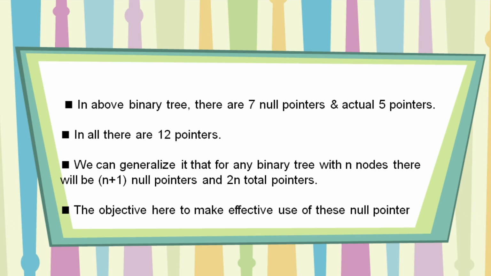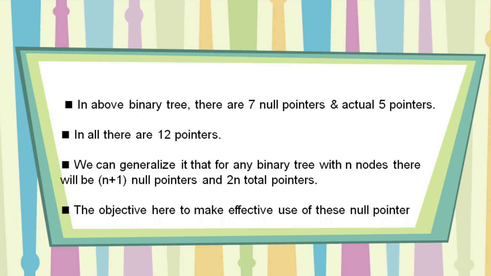In any binary tree linked representation, there are more null pointers than actual pointers. In general, if there are 2n reference fields, then n plus 1 reference fields are filled with null. N plus 1 are null out of 2n.